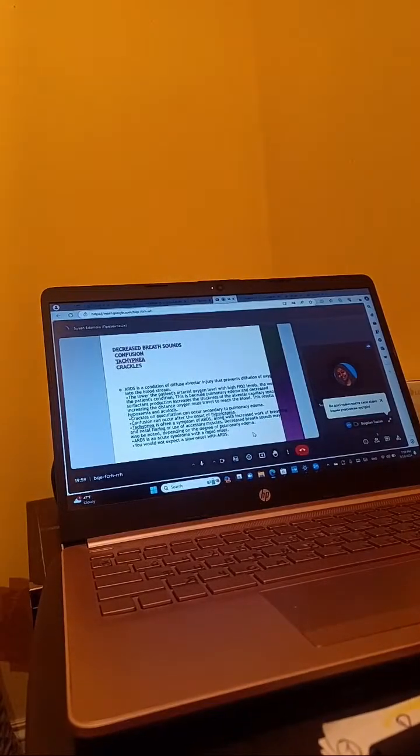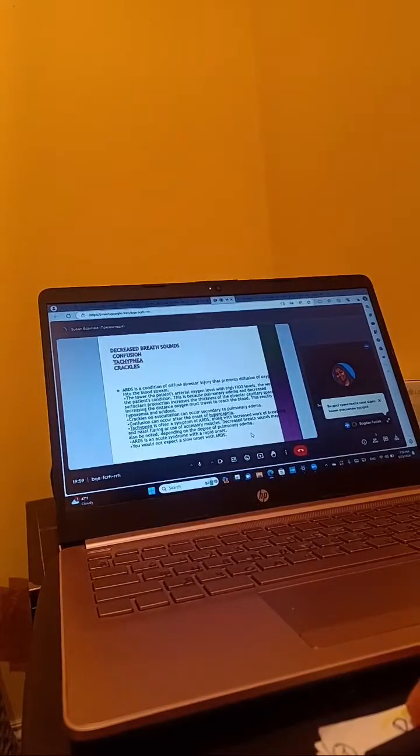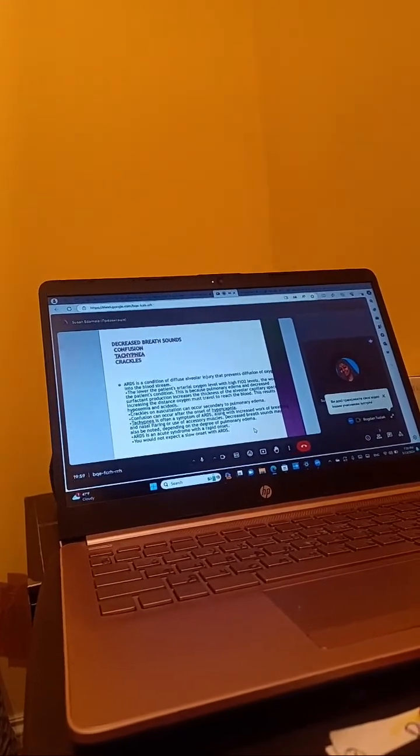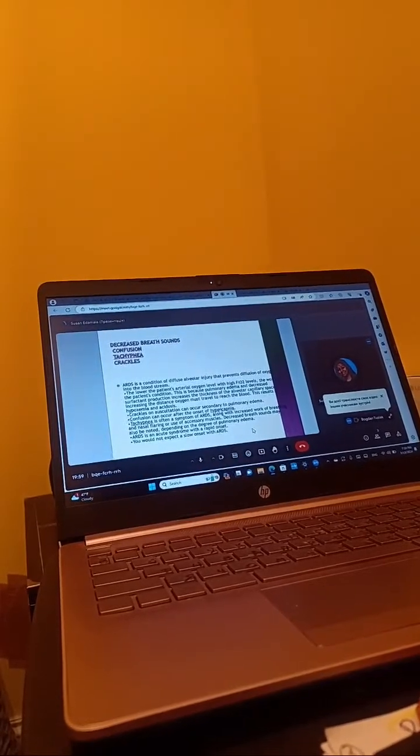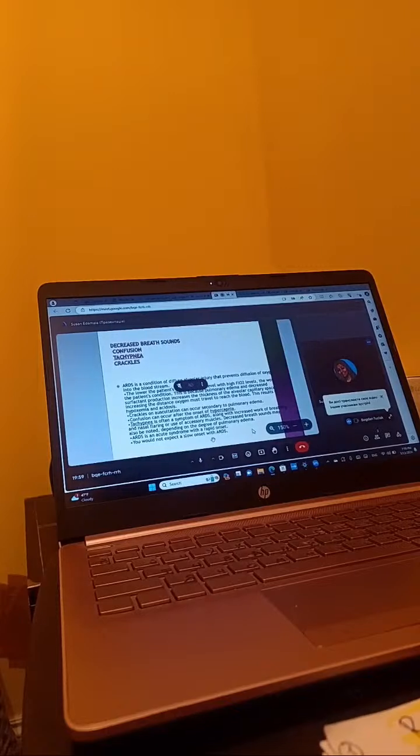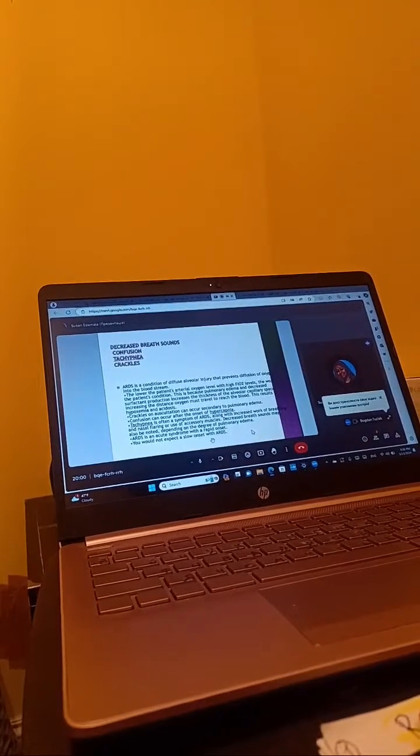Crackles on auscultation can occur secondary to pulmonary edema. Confusion can occur after the onset of hypercapnia, later on, not immediately. Tachypnea is often a symptom of ARDS. Decreased breath sounds may also be noted depending on the degree of pulmonary edema.